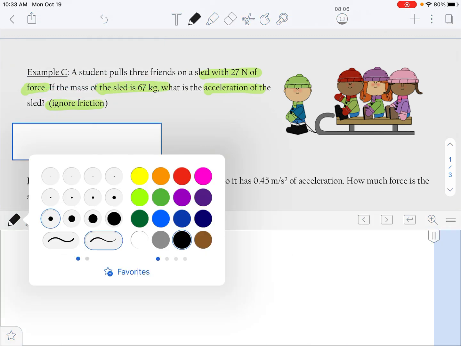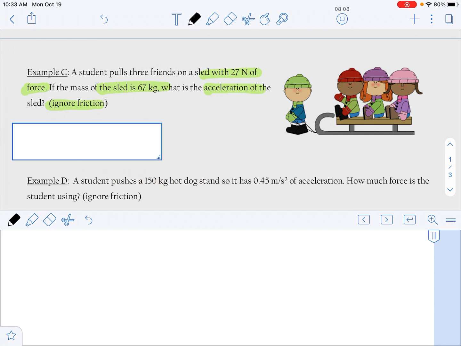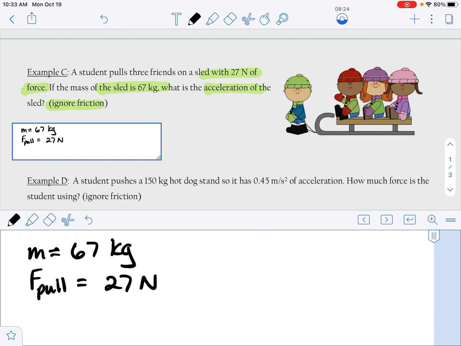I know that the mass of the sled is 67 kilograms. I know that's the mass because it's in kilograms. I know that the force on the sled, so the pulling force on the sled, is 27 newtons, and I would like to know what the acceleration is.